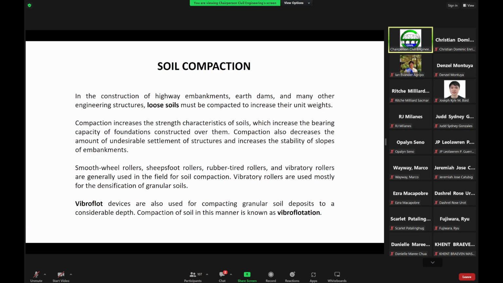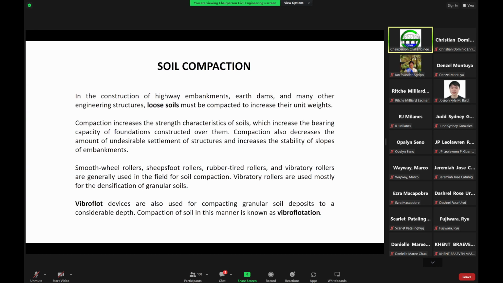Compaction also decreases the amount of undesirable settlement of structures and increases the stability of slopes of embankments. For example, in practice, normally we consider, say, 25 millimeters of settlement criteria.